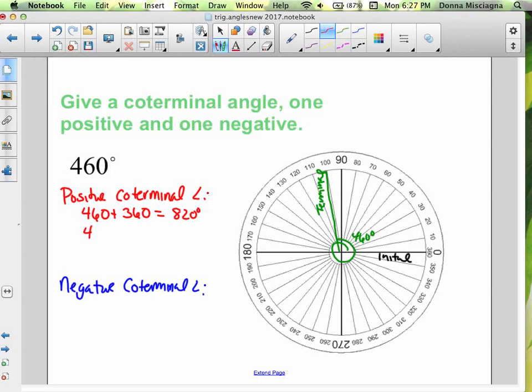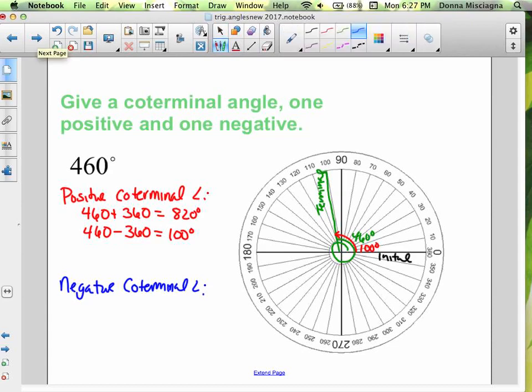Or, because it's already more than 360, if we subtract 360, we'd get 100 degrees. Either would be correct. Let's just do it with 100 degrees because after a while we start to run out of space here. That is coterminal to the 460. It ends in the exact same location.